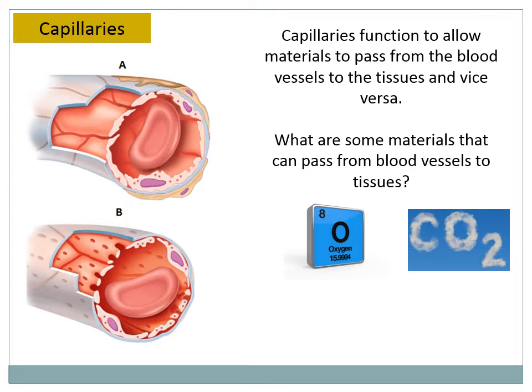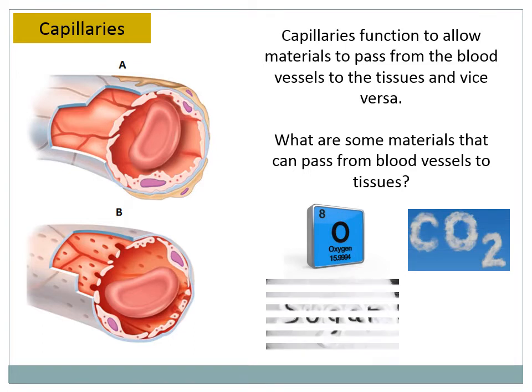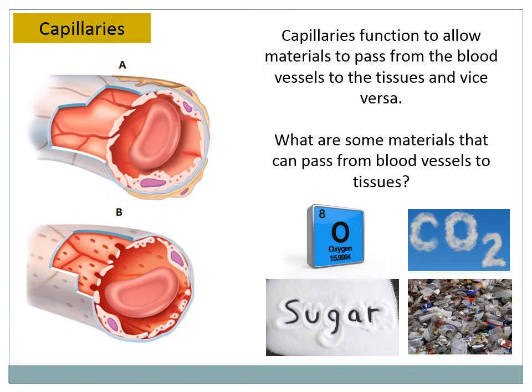We also have carbon dioxide. Sugars can go through along with waste materials. There's other things that can pass from blood vessels to tissues and vice versa. We're just not going to mention all of them because there's just too many. So we're going to stick with these four.